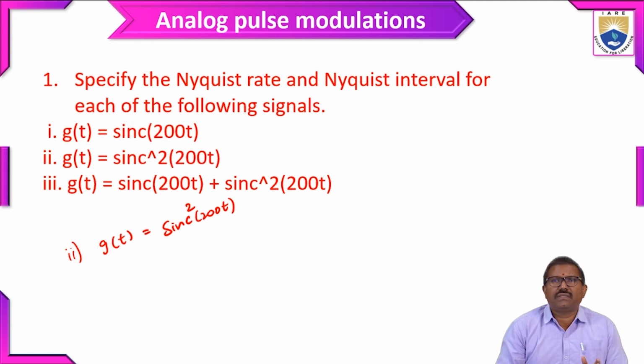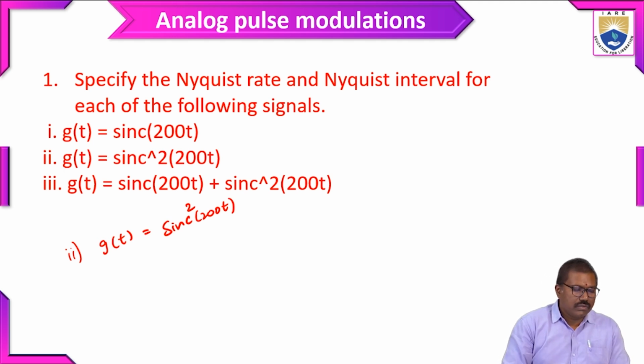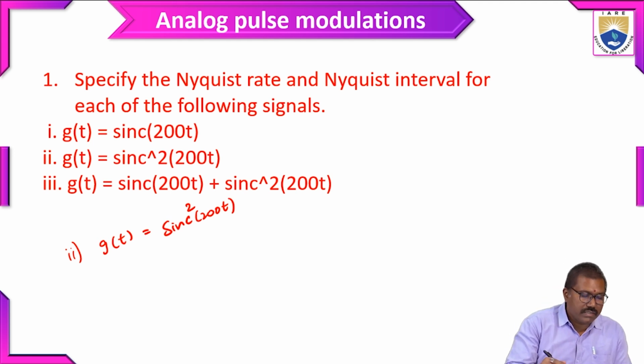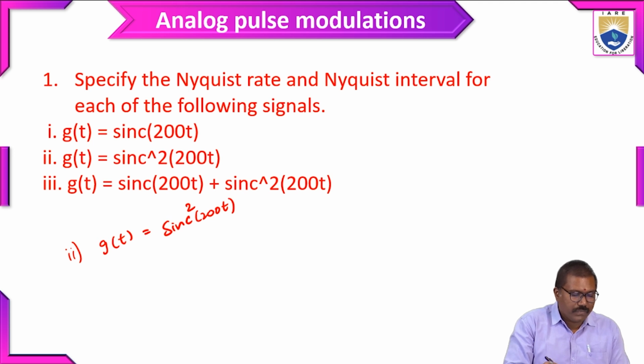The first part is sinc of 200t, but this is a sinc square. That means we multiply 2 sinc pulses, getting the sinc square. So we are squaring the bandwidth-limited signal, as if doubling its highest frequency component.